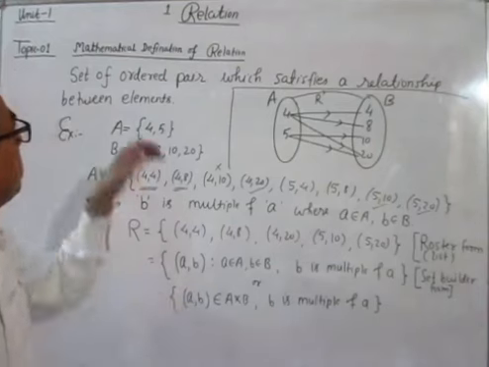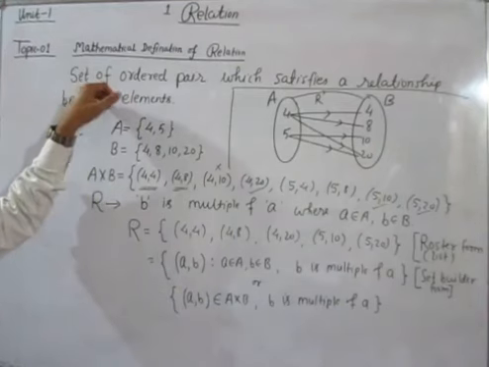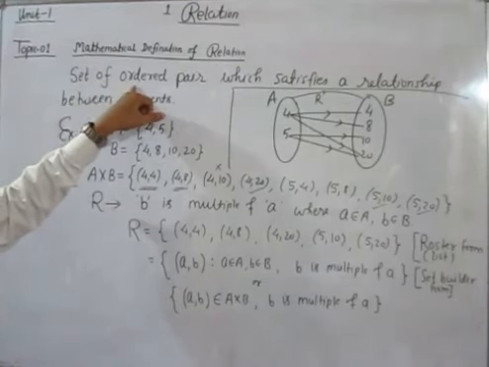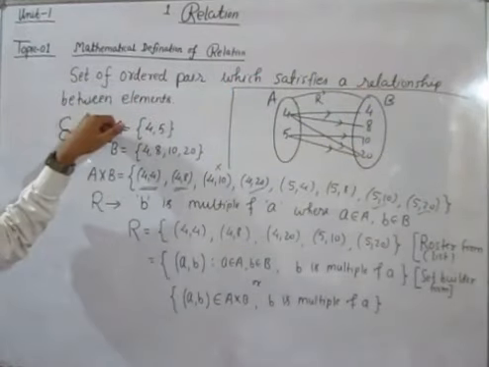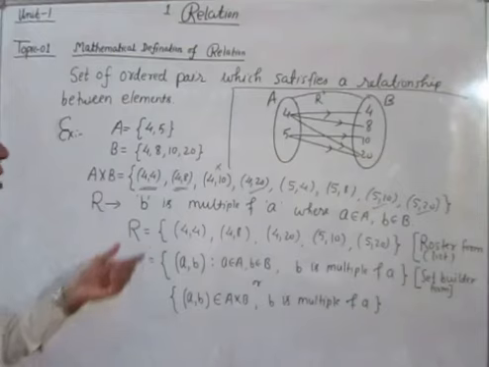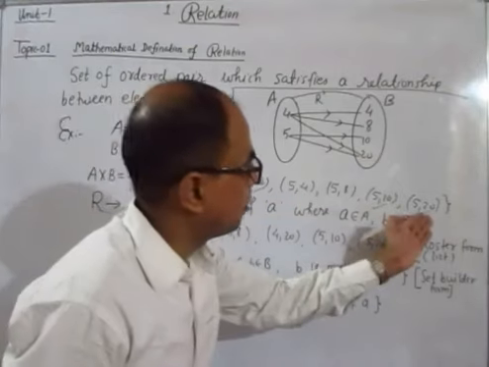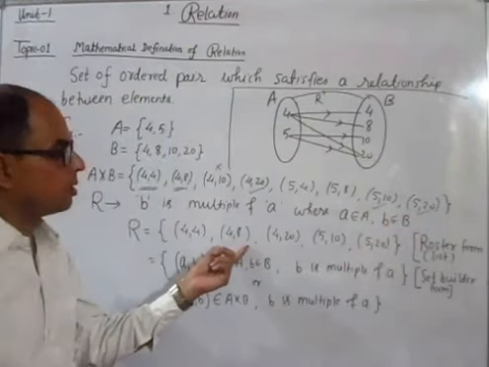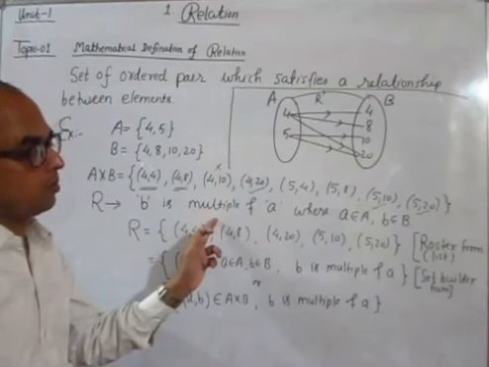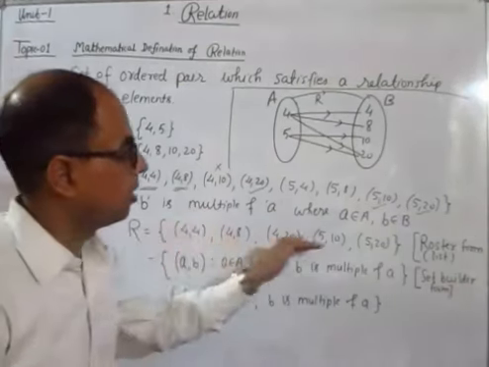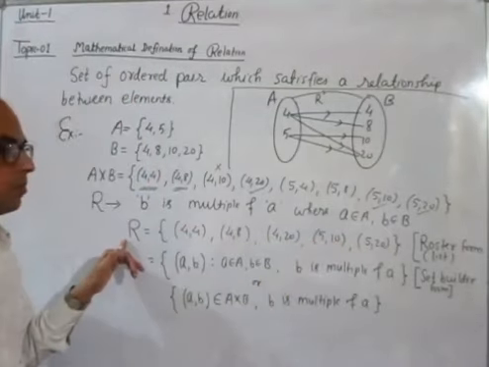So have you got the meaning of this definition? Set of ordered pairs which satisfies the relationship between the elements. Clear? Here out of these 8 ordered pairs, only these ordered pairs satisfy the given relationship. So that's why these ordered pairs are called relation.